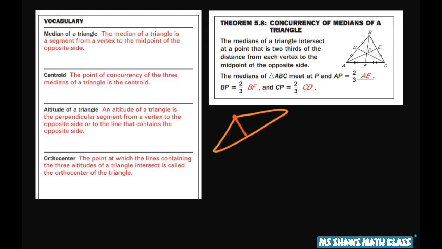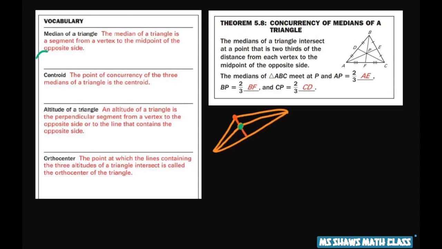The centroid is the point of concurrency of the three medians of the triangle. So if we did three things like that, then that's the centroid right here.